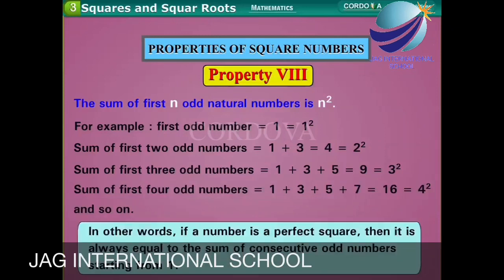In other words, if a number is a perfect square, then it is always equal to the sum of consecutive odd numbers, starting from 1.